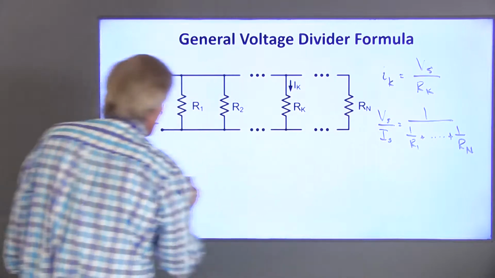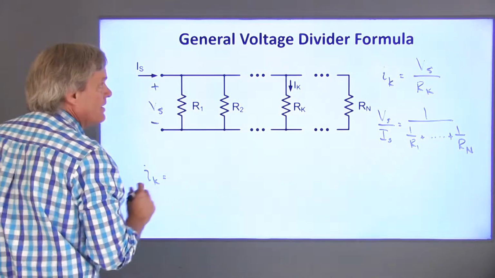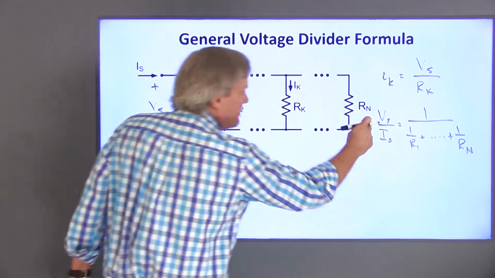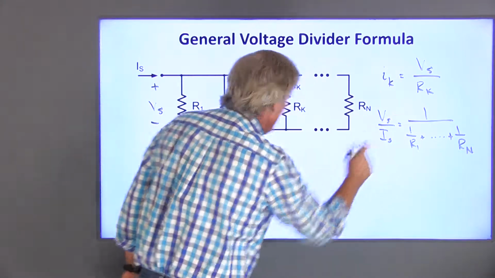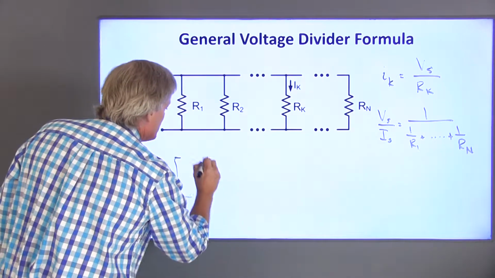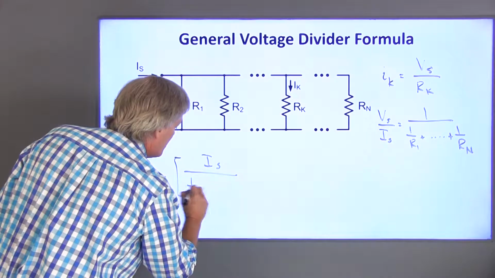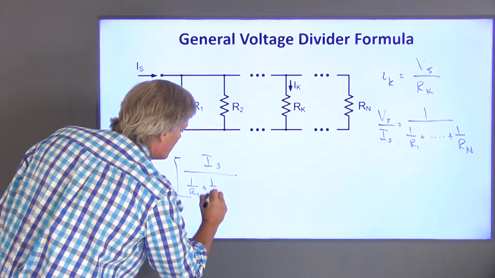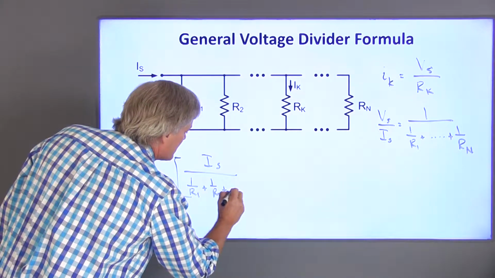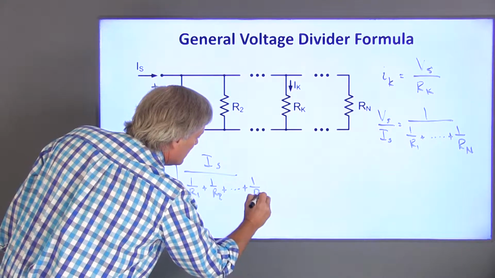Now going back to this formula, I sub k is equal to V sub s. If I multiply this through by I sub s, that's I sub s over 1 over R1 plus 1 over R2 plus up to 1 over R sub n.